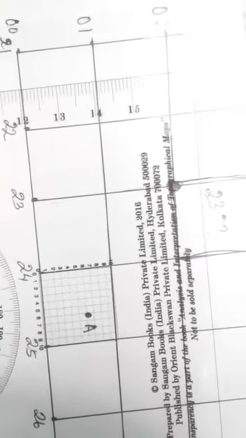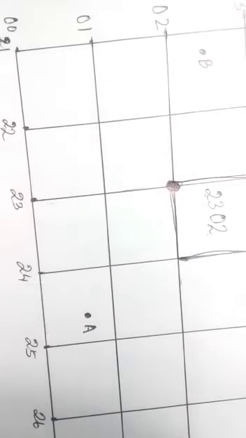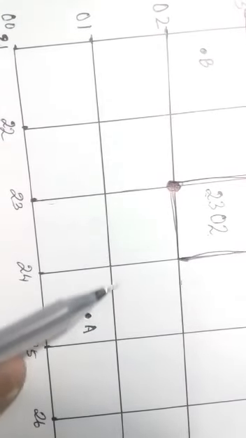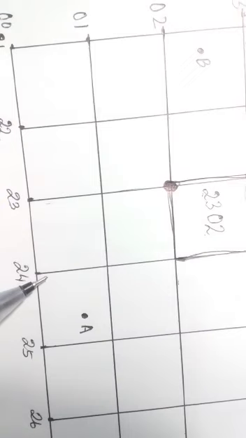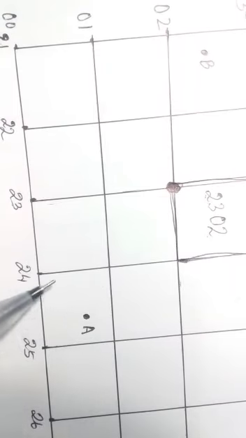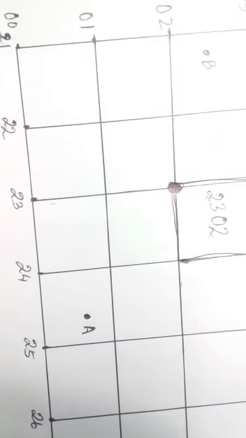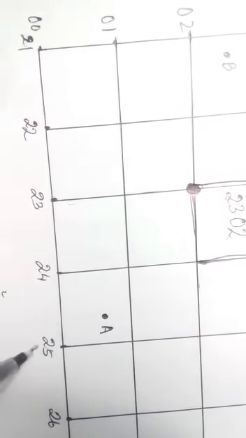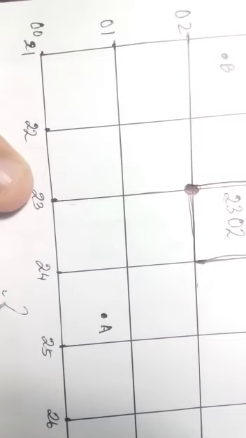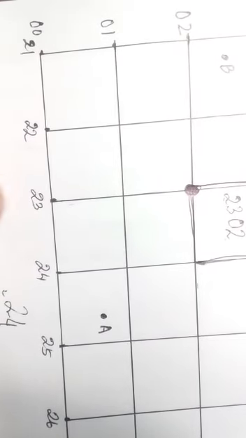Now you can see that this is a grid square, and what will be the 4-figure grid reference of this grid square? This is the origin here. The line of easting passes through, so I'll be writing it here: 2, 4.